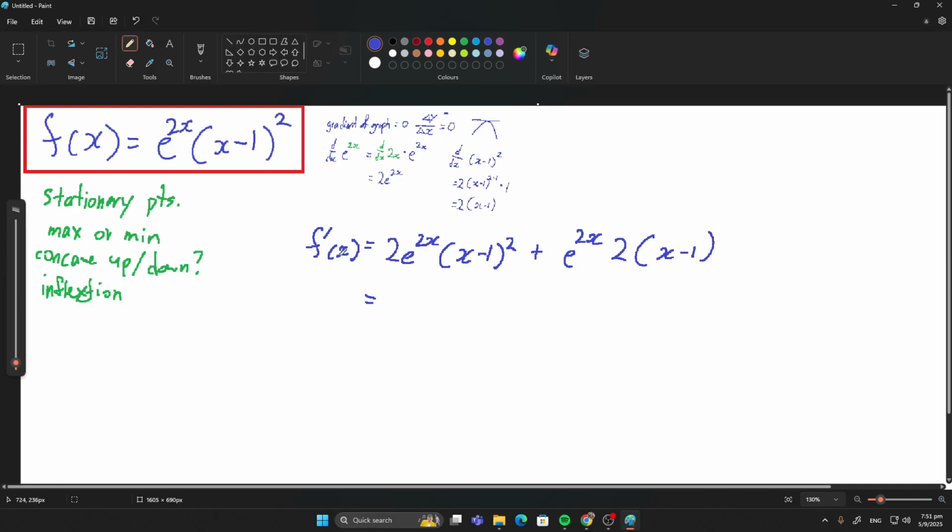I think we can simplify this a lot. The common factor we have here is this 2, and then this as well. So technically the only difference is really just this square over here. Let's just use a different blue.